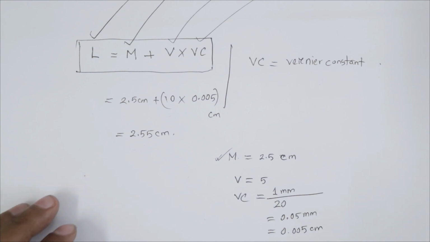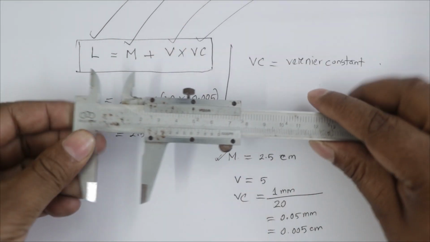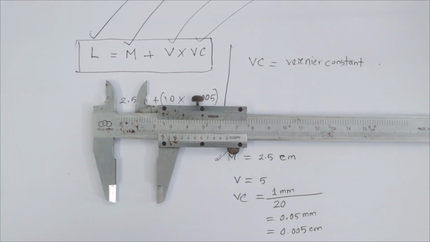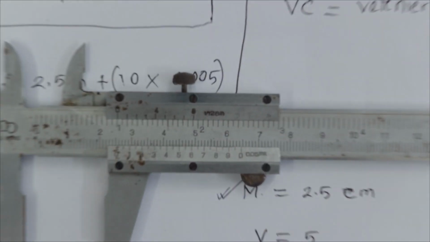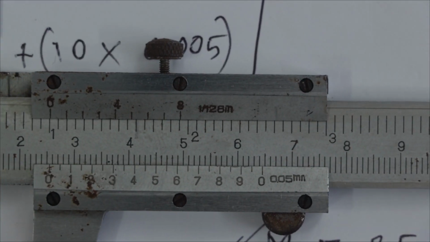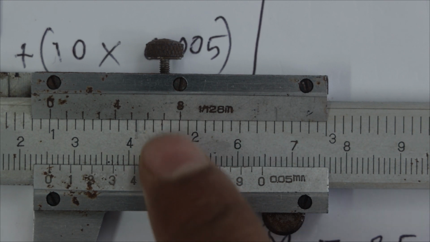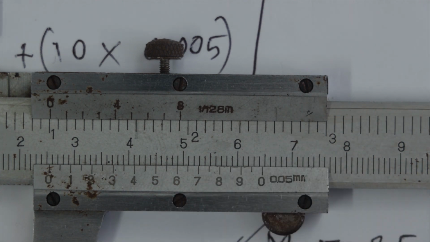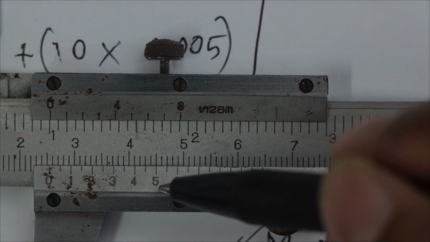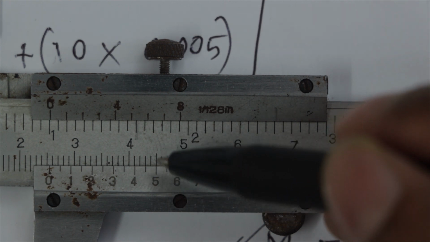And what does Vernier scale coincide, V, mean? Look, which one is the Vernier scale coincide here? Here it is 5, because the 5 mark in the Vernier scale is completely matched with the main scale.